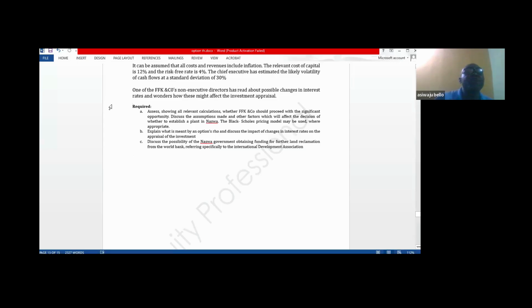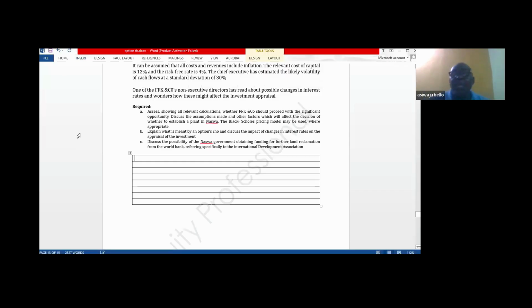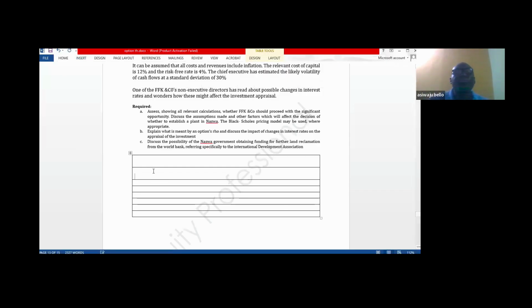What are the steps involved if I'm to deal with option to expand a capital project? That should be our concern. We are less bothered about the length of the question.